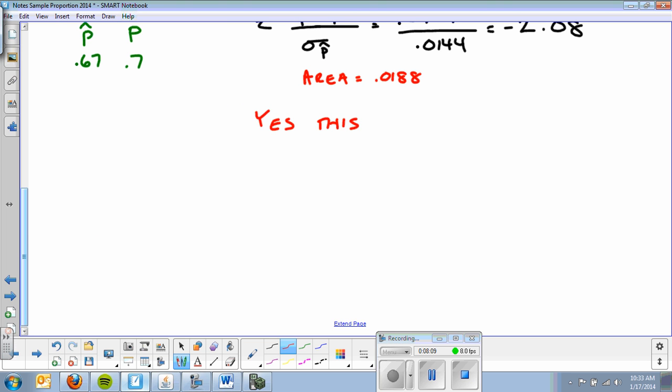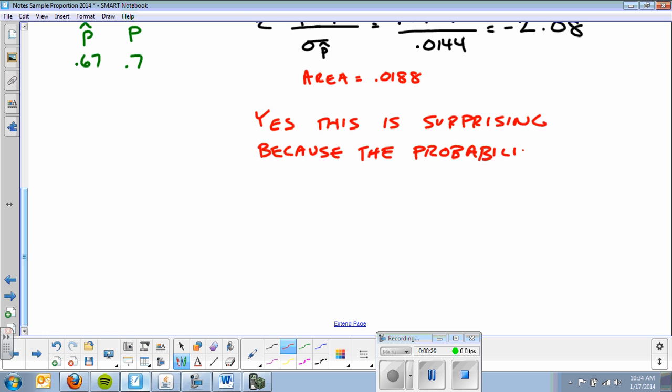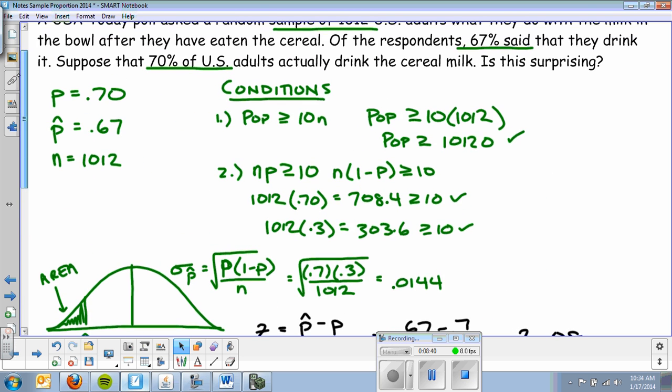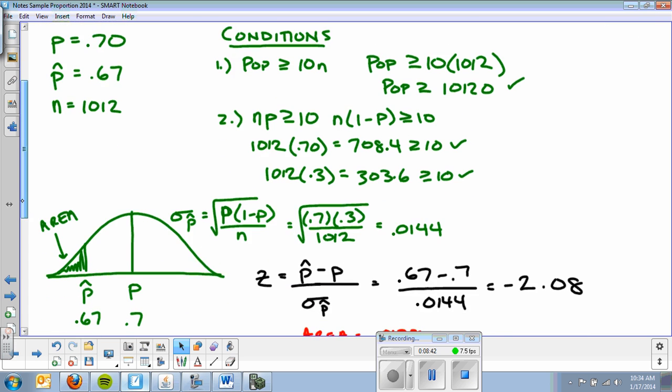This is surprising because the probability is so small, 0.0188. So there's only about a 2% chance that this would happen. That's not very likely, so I would be surprised that my sample had only 67%.